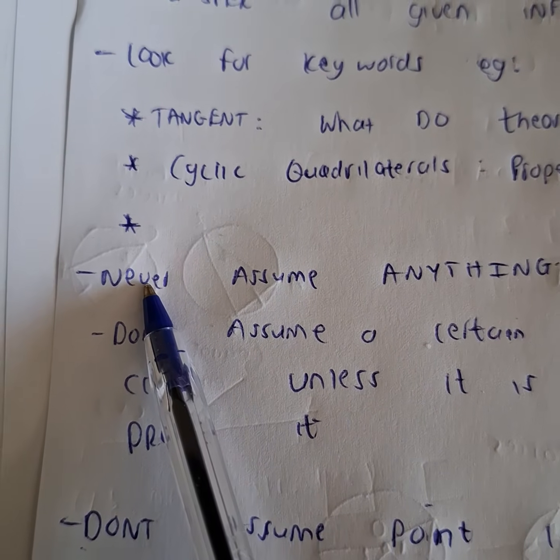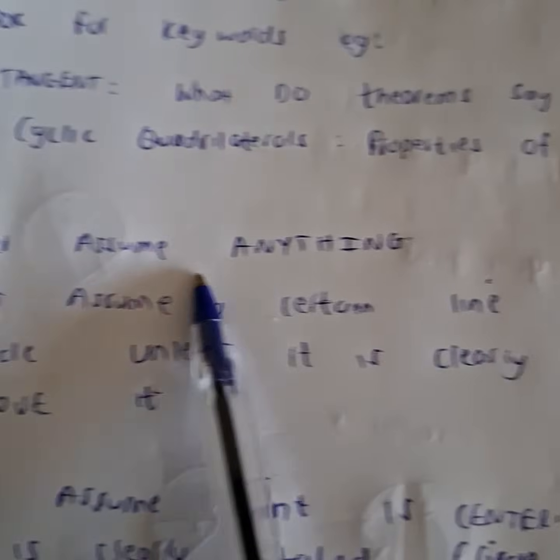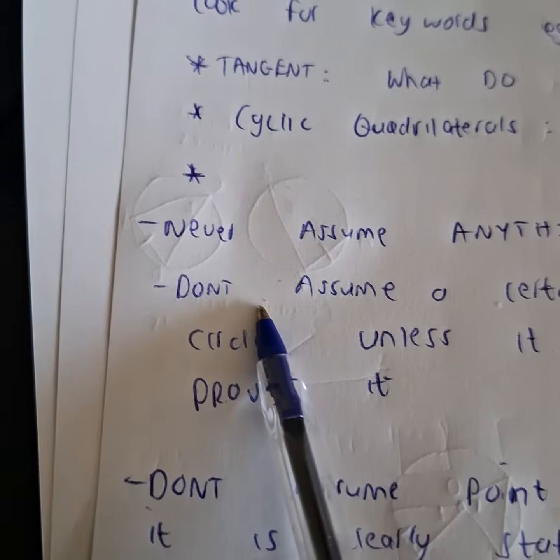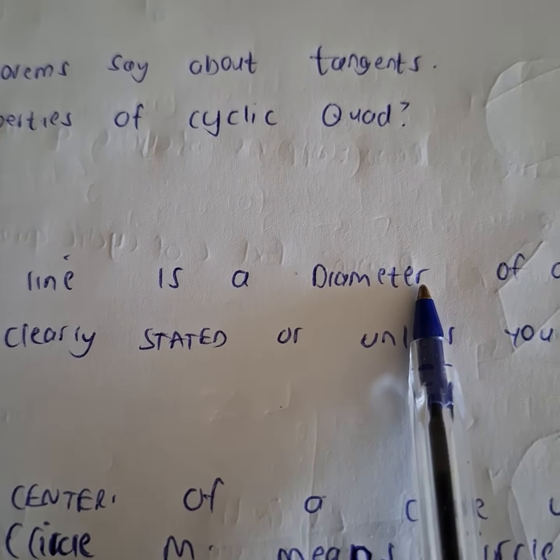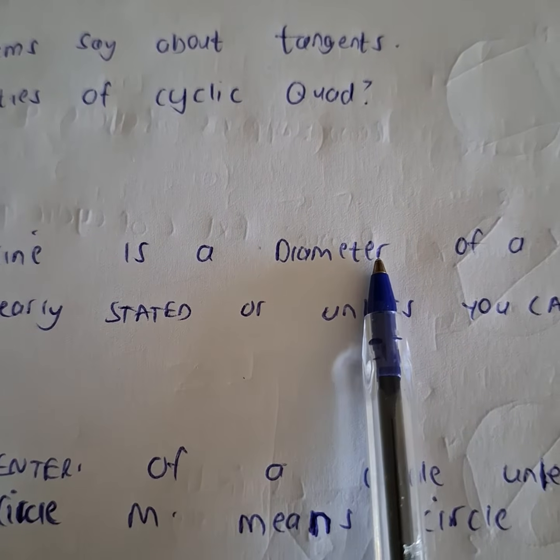this important truth, and that is you must never assume anything. Don't assume a certain line is a diameter. You'll remember that a diameter is a line that passes through the center of a circle.